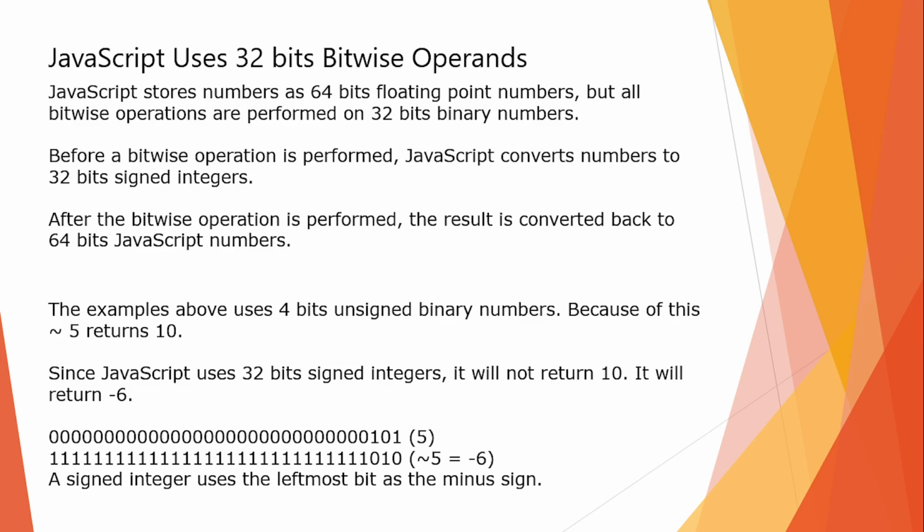The example above uses 4 bits unsigned binary numbers. Because of this, NOT 5 returns 10. Since JavaScript uses 32 bits signed integers, it will not return 10, it will return -6. A signed integer uses the leftmost bit as a minus sign.